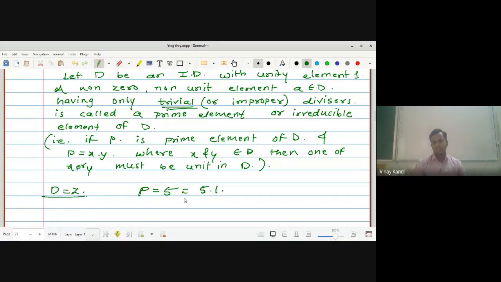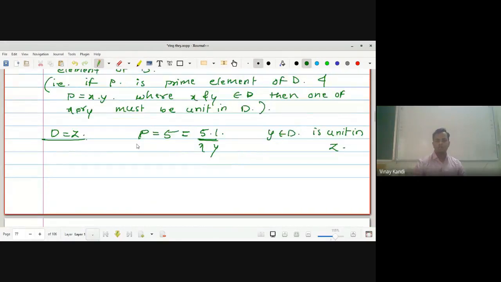One of them is X, this is Y. This Y belongs to D and is a unit in Z. Also I can write 5 as minus 5 into minus 1. This is X, this is Y. Here Y belongs to D and is a unit in Z.